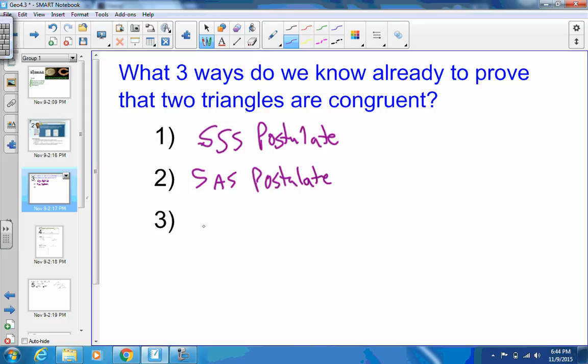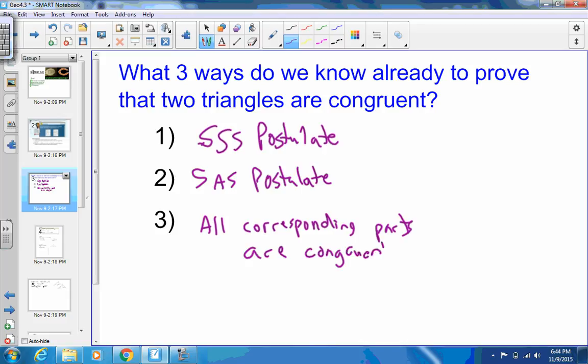We also have just the basic definition, using that all corresponding parts are congruent. That was the most basic thing that we talked about in the first section. If all corresponding parts are congruent on two different triangles, then those triangles are congruent.